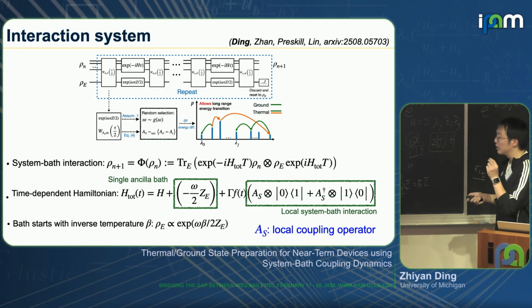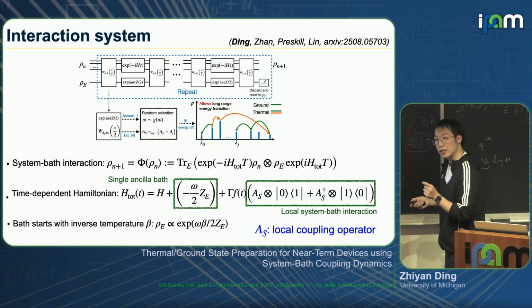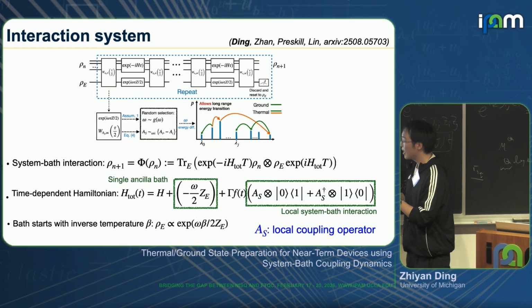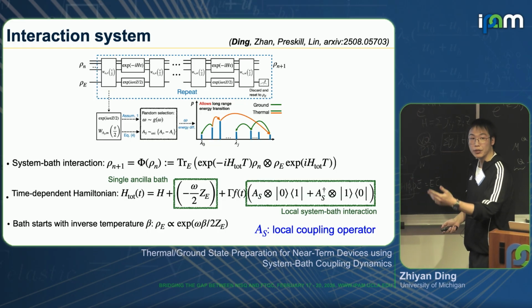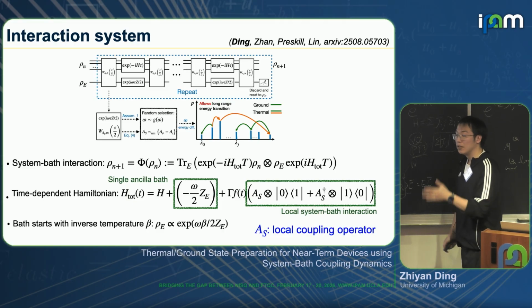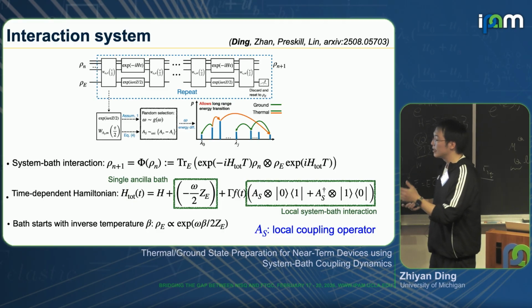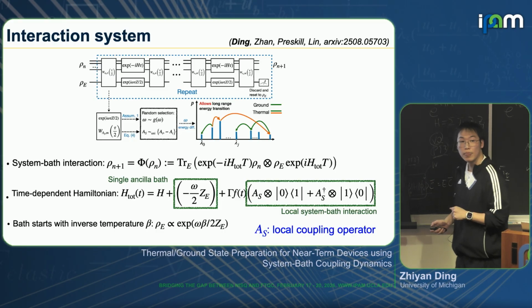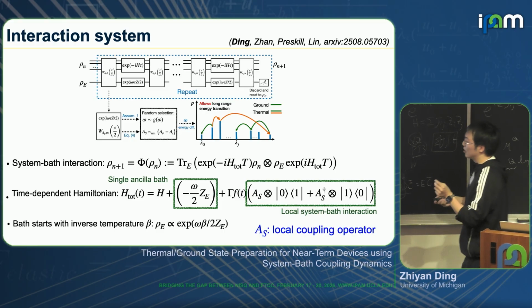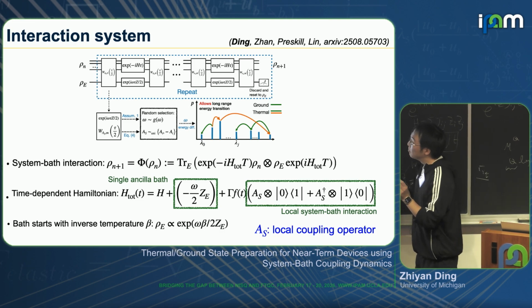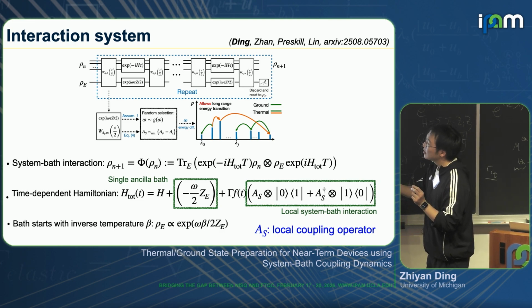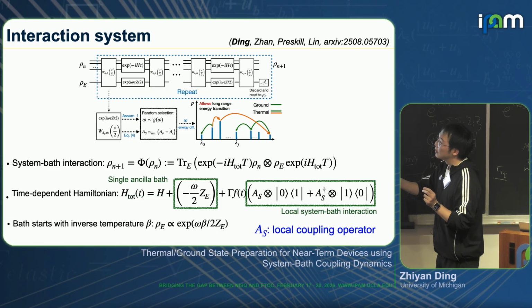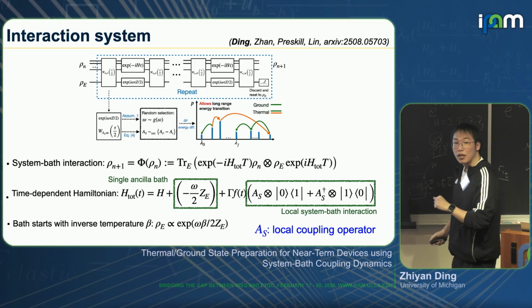The key thing here is in practice, I will always choose this AS to be a local coupling operator. For simplicity, you can imagine this AS as local Paulis, single qubit local Paulis. So this essentially means that although this is a large rectangle, this part is basically two-local gates.